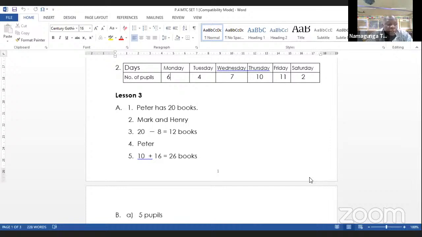That means you have to add the number of books Mark has and the number of books Joseph has. When you add them, that's when you come to that total of 26 books. Okay, we move to the next question.